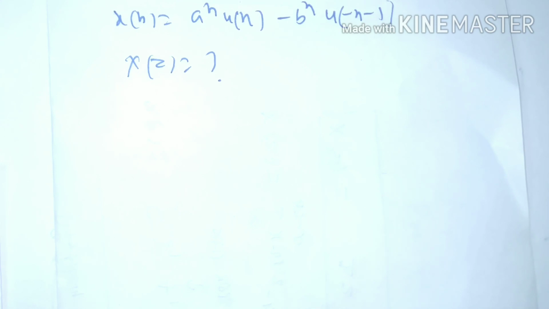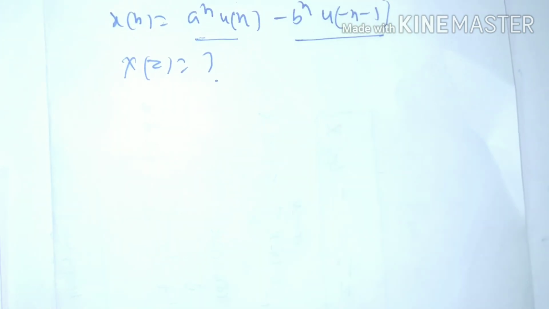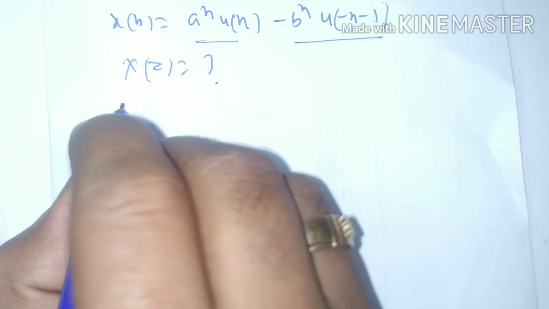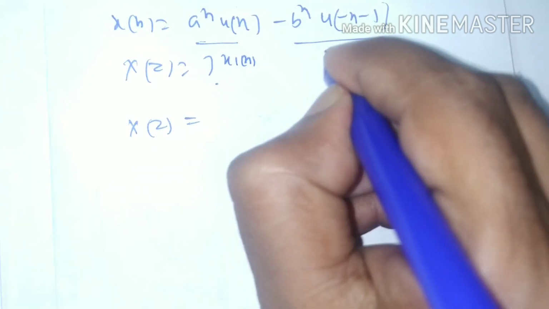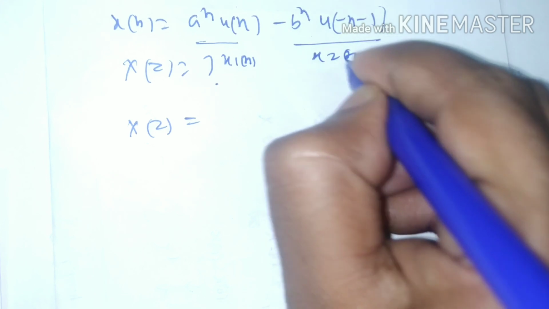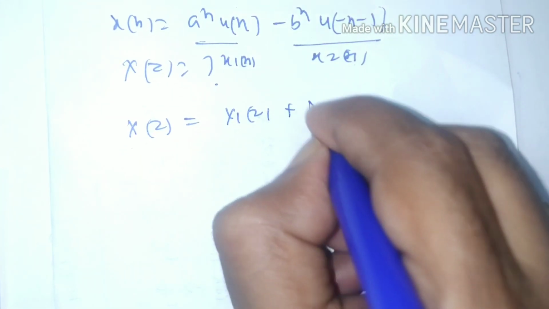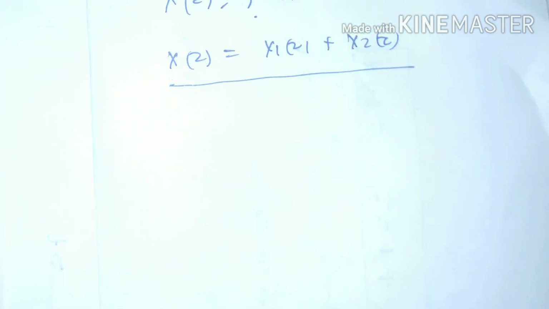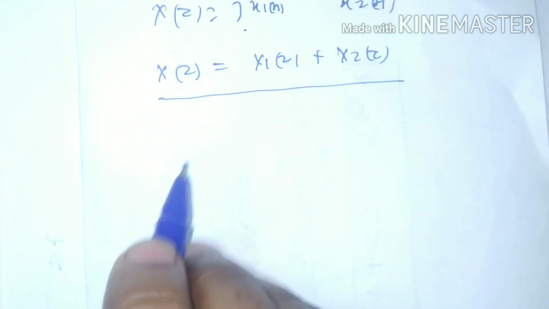Now if we have to find the Z transform of this signal, it is a combination of these two signals whose Z transforms we have already found individually. If this is x1[n] and this is x2[n], then by the linearity property its Z transform will be X1(z) plus X2(z), if the ROCs satisfy a certain condition.